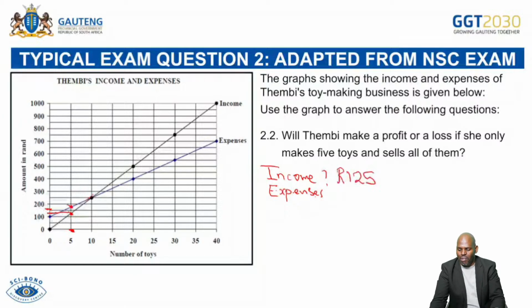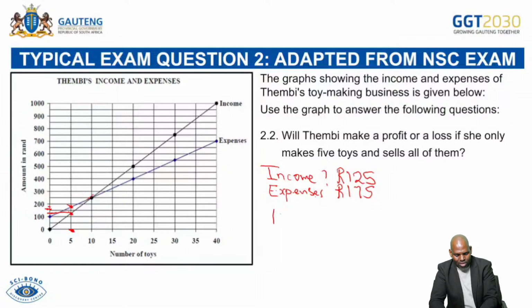Press the equal sign. Remember, those who are using a Casio, then you divide it by 2. Then I'm getting 175. So it means at this point, expenses are 175. If I have to calculate, I take income, 125, then I subtract 175.